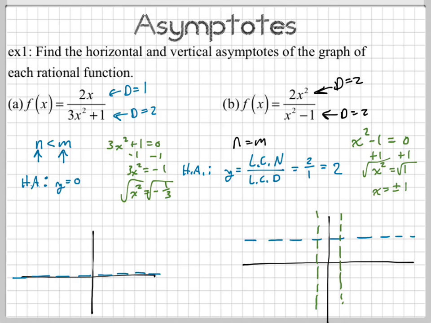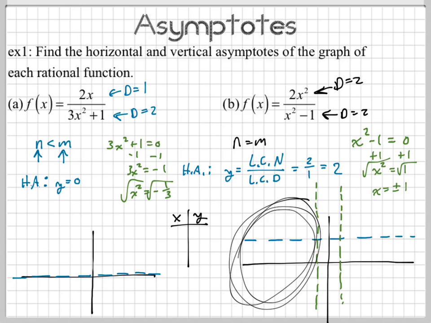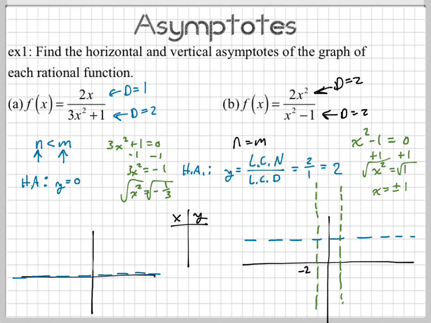Wow, this is kind of weird. All these asymptotes, what's this line going to look like? Now, if you want to find out what this line looks like, you're going to have to pick some x values. You're going to make a table of x values, unless you have a graphing utility, which is why graphing utilities are beautiful. If I want to see what the line looks like on this side of the vertical asymptote, I'm going to have to pick, let's see, -2.